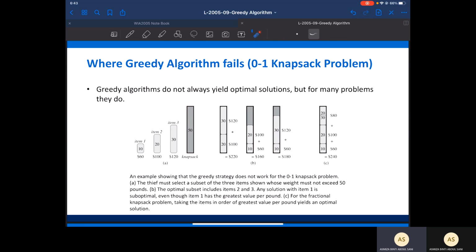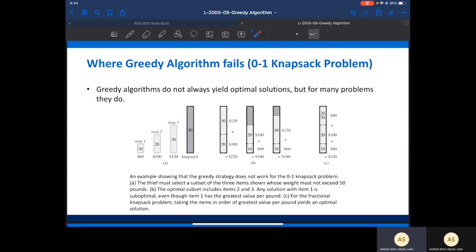The thief needs to make a choice, which is the most optimal solution for him to carry inside his knapsack that will give him the most profit. For the 0-1 knapsack problem, we assume that the item cannot be broken.